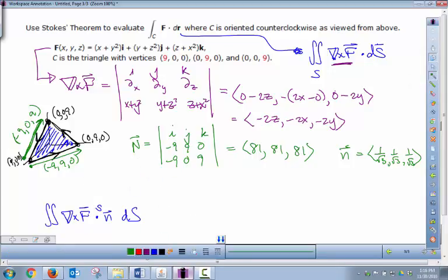So the plane is going to be 81 x minus... We can pick any point, right? So let's pick the point 0, 0, 9. X minus 0 plus 81 y minus 0 plus 81 z minus 9 is equal to 0.